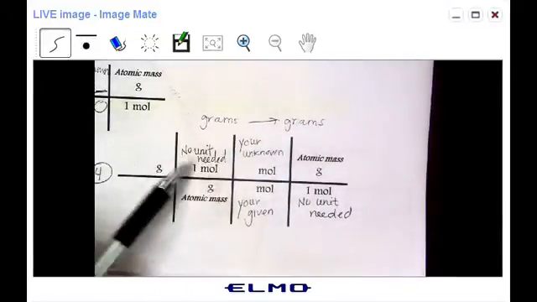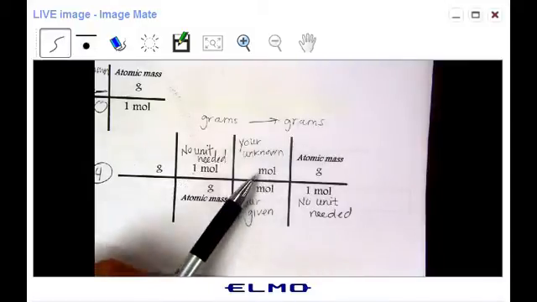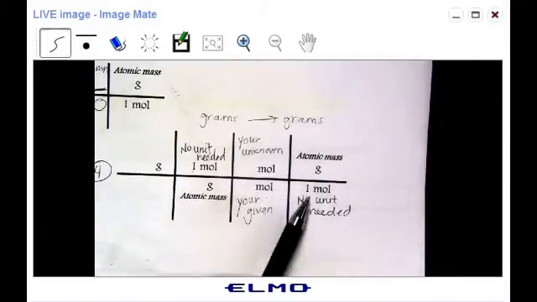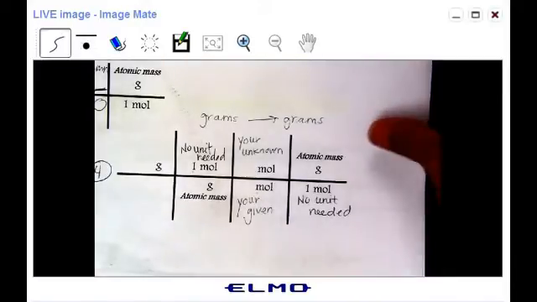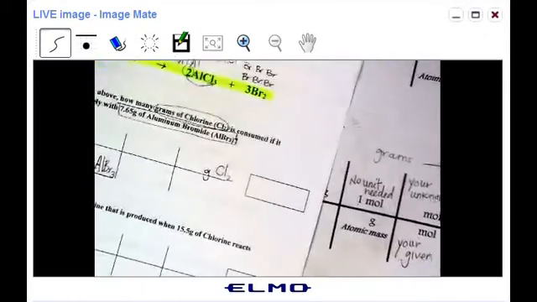So it says I can put 1 mole on top, and then the next box goes mole, mole, and then 1 mole on the bottom. So you just transpose that, you copy that to your worksheet.